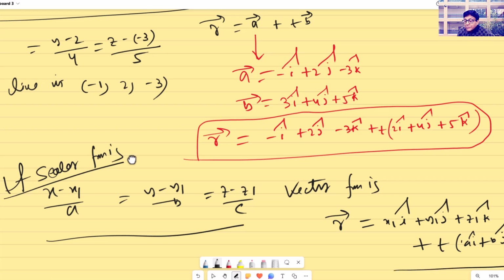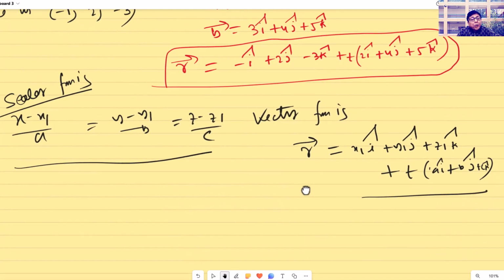Okay? So now these two forms are interchangeable. Just by seeing it, you need not remember any technique over there. Given x1, y1, z1 in the scalar form, it comes here, and a, b, c goes there. Similarly, vector to scalar, how to write? This is x1, y1, z1, you put it there, and these are a, b, c, those coefficients, you put it there.